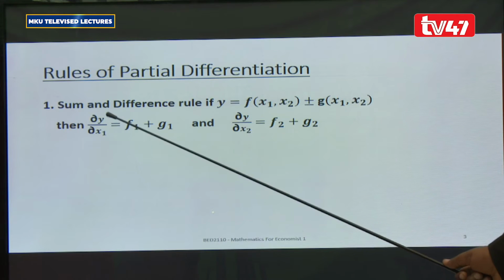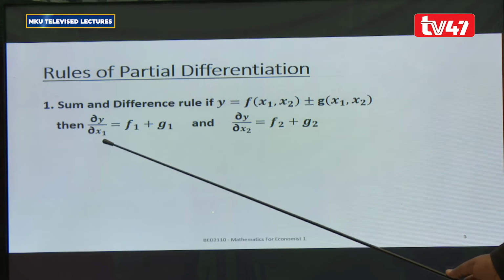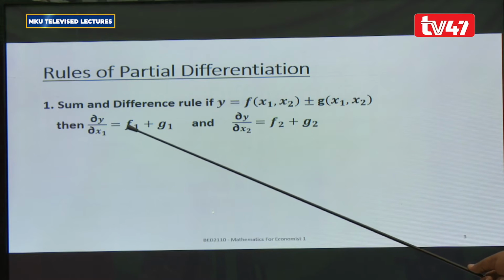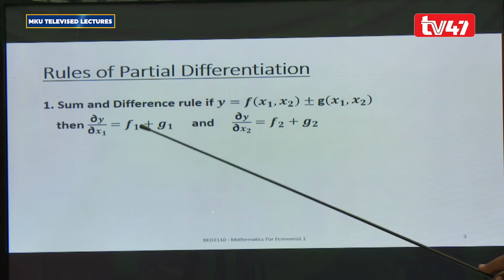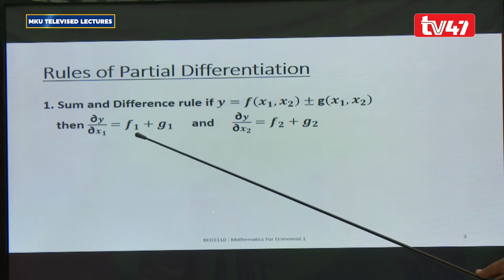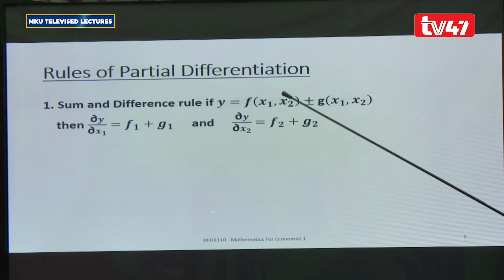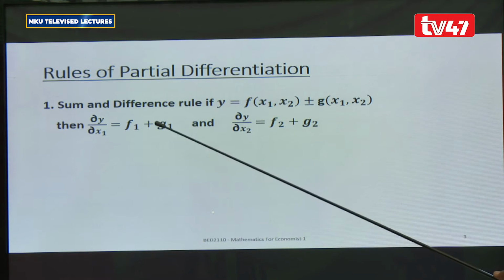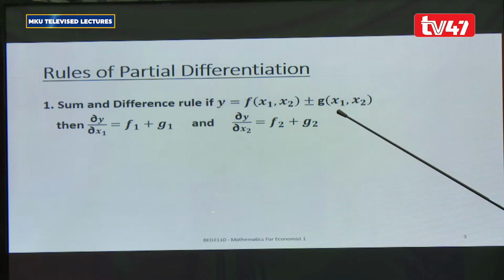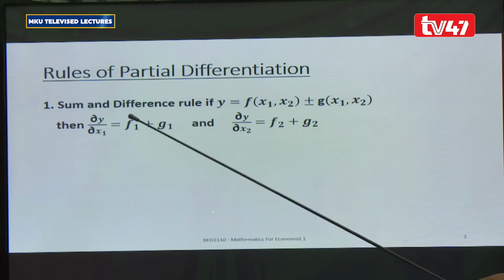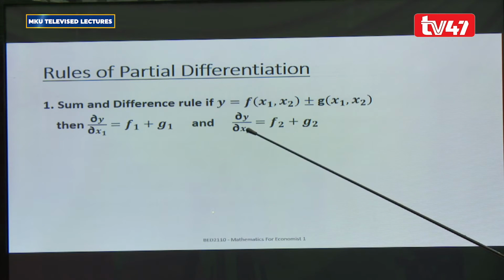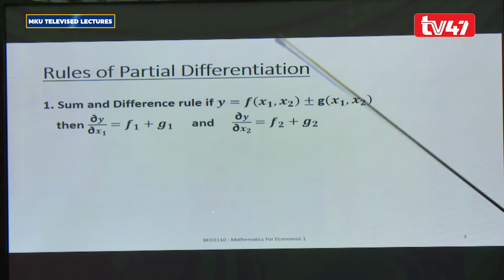If you are to calculate the partial derivative of this function with respect to x1, we get the partial derivative of the first function with respect to x1, plus or minus the partial derivative of the second function with respect to x1. We also can get the partial derivative of the same function with respect to x2. This is how it's done.